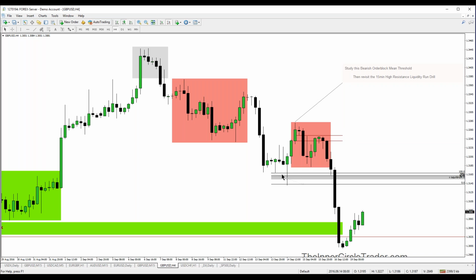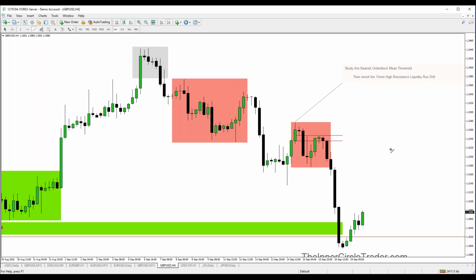So now I have two areas which I want to look at on a lower time frame relative to this bearish order block. Now, if a move is going to be dynamic, if it's going to be explosive, if it's going to be a lot of magnitude in terms of how far it moves and how fast it goes, generally there is going to be a stop run, and that looks like this.